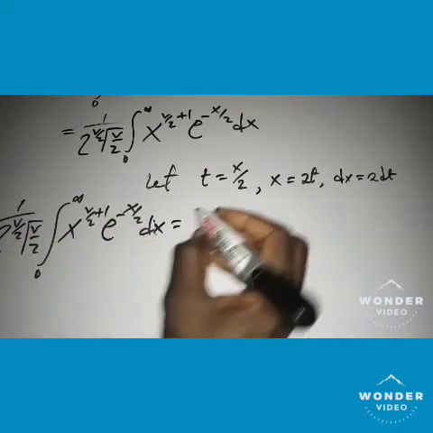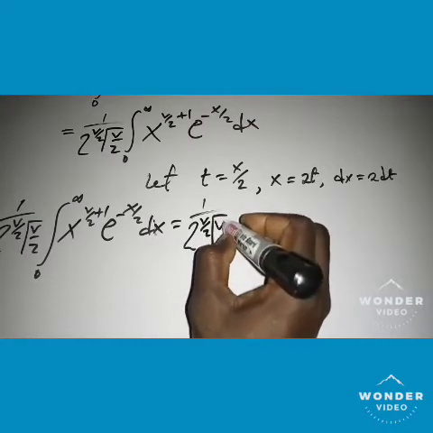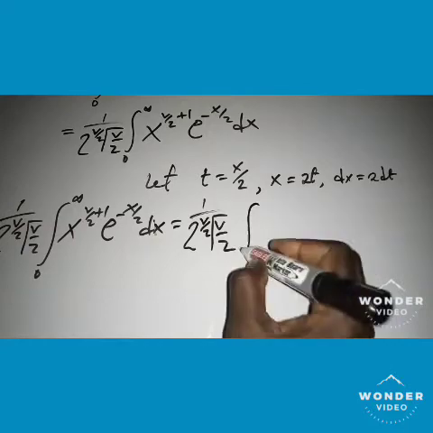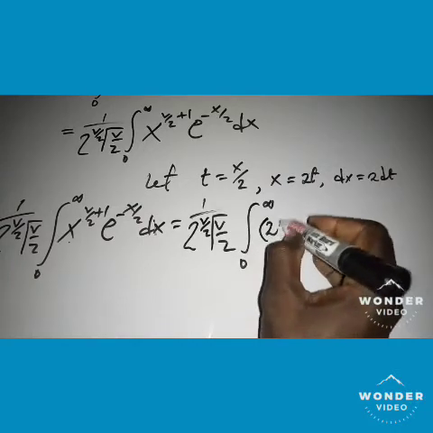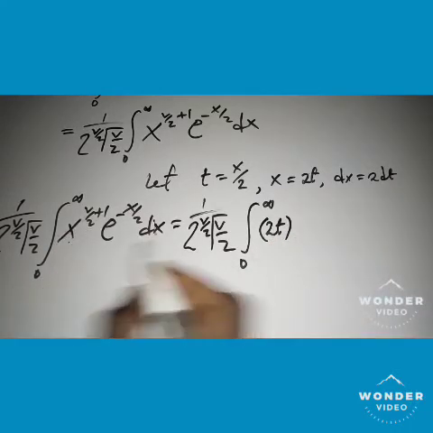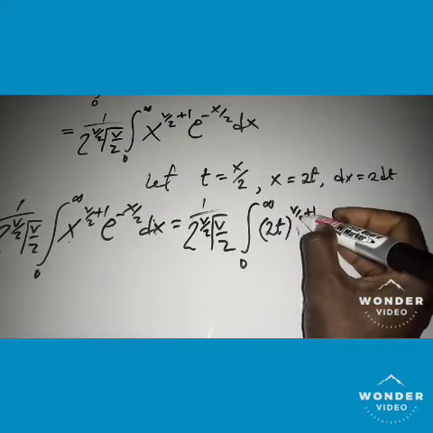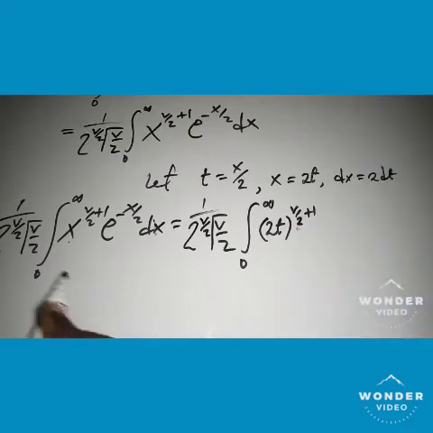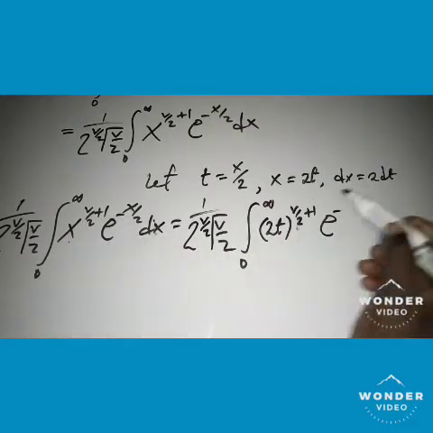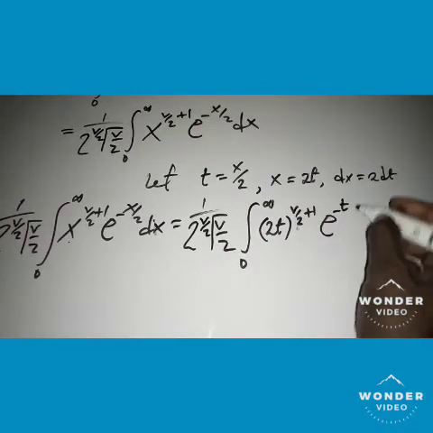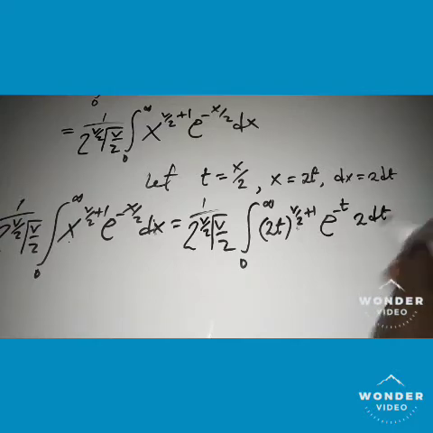So first the constant 1 over 2 to the power of v over 2 gamma of v over 2, integral from 0 to infinity of x, which is 2t, to the power of v over 2 plus 1, then e to the power of negative x over 2, and x over 2 is t, and then dx, and my dx is 2 dt.